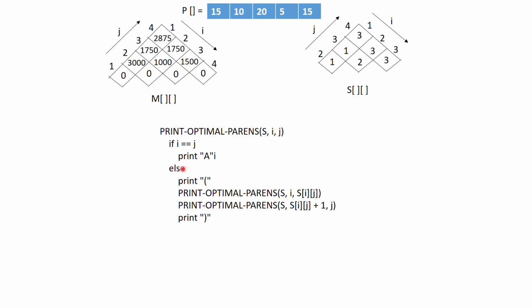Now for the else part, where i and j are different, this is where we consult our s table. Now let's understand the whole algorithm process using a table.